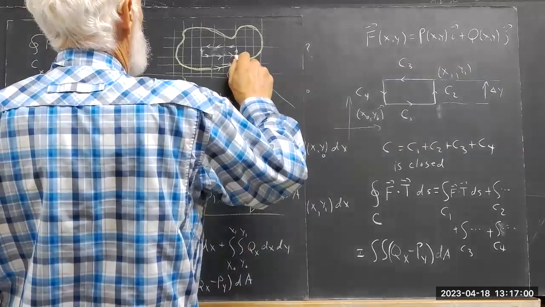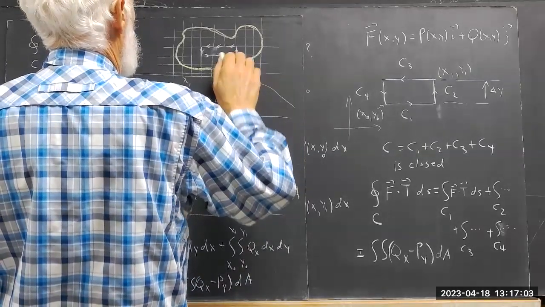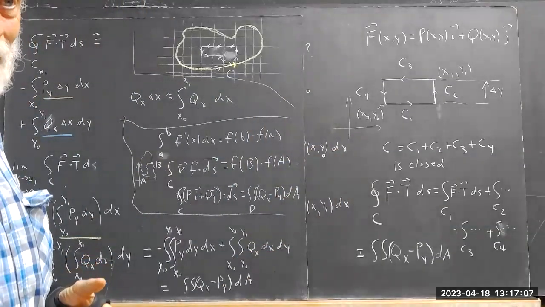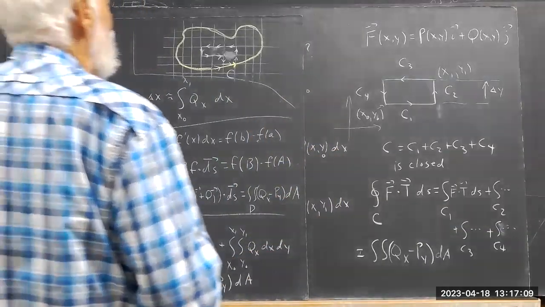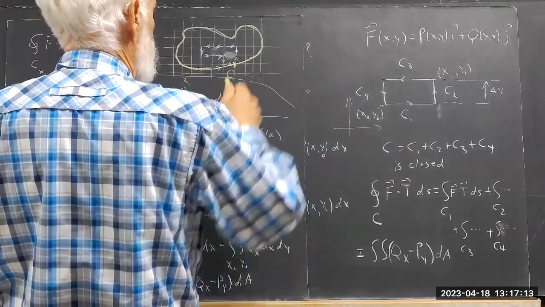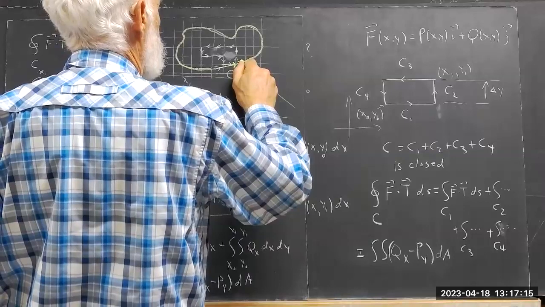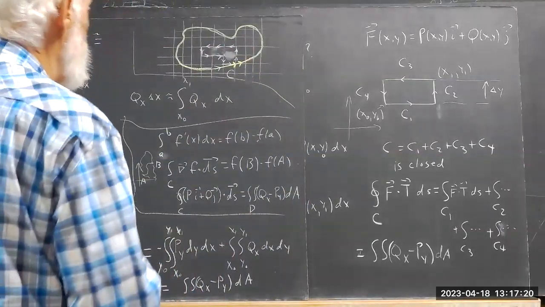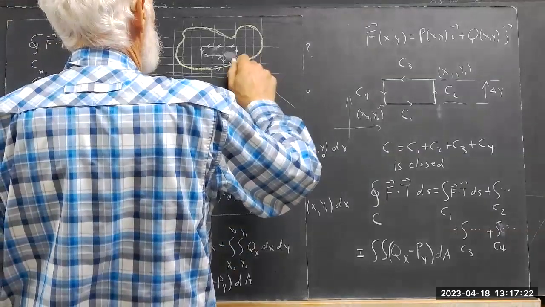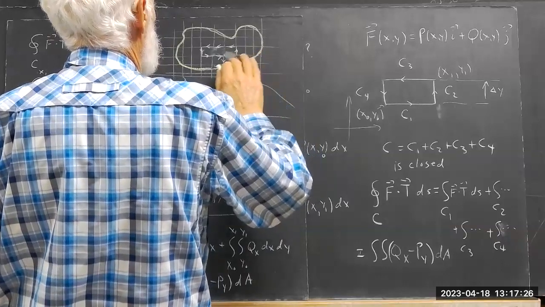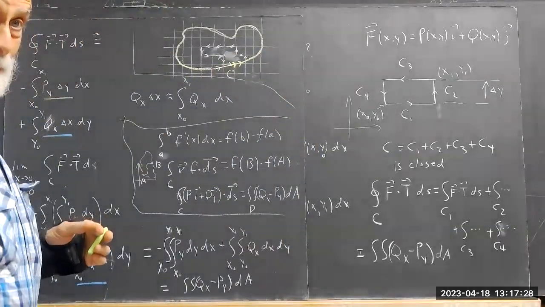But then we go this way and this way, and we come back here and this one gets canceled out, okay? And then, why not go along this path? Now along this path, this is almost a straight line, but it's part of the boundary. Then we go from here to here along that boundary, then we go here and here, and we come back down and this one goes away.